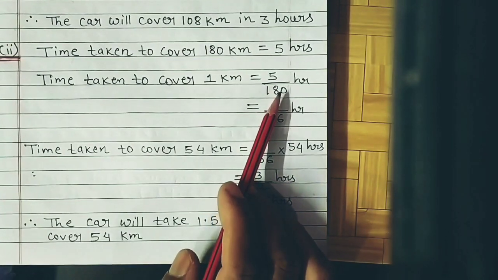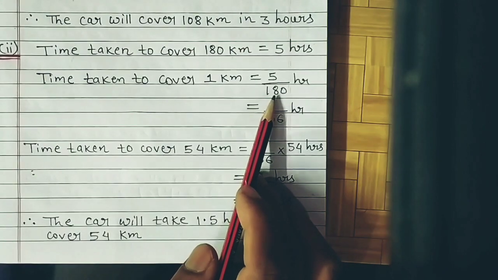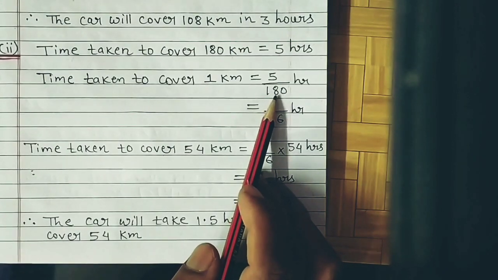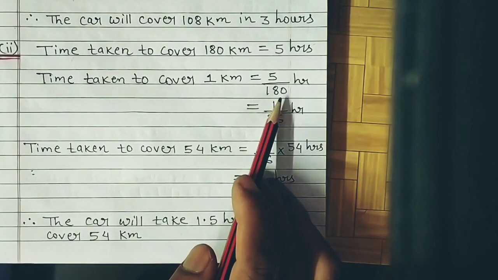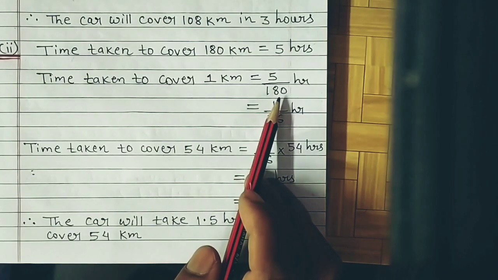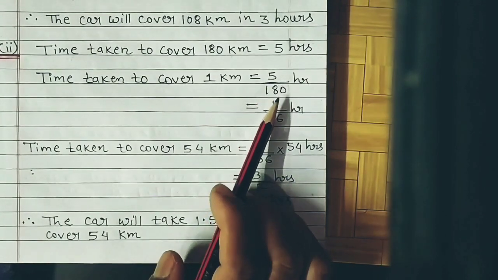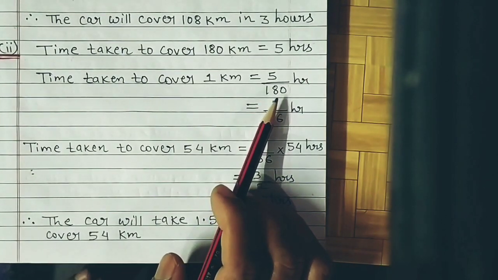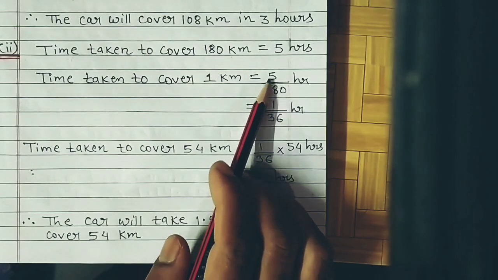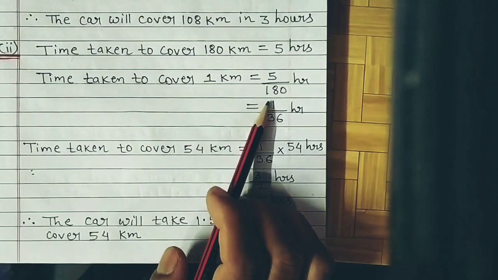So what we are going to do? We are going to change this fraction into simplest form. So how do we change any fractional number into simplest form? By dividing with the common number, if any common number will divide the numerator and denominator both. Clear?